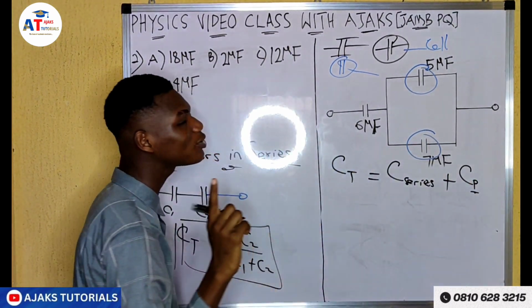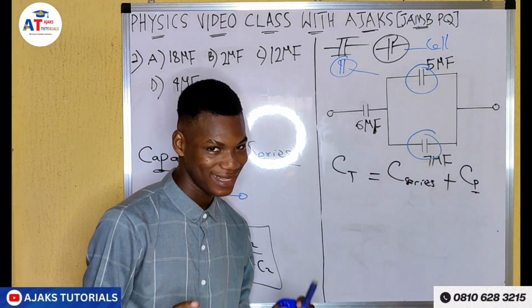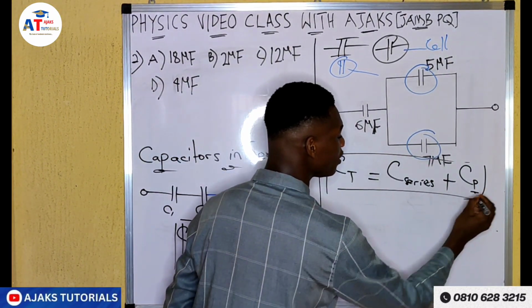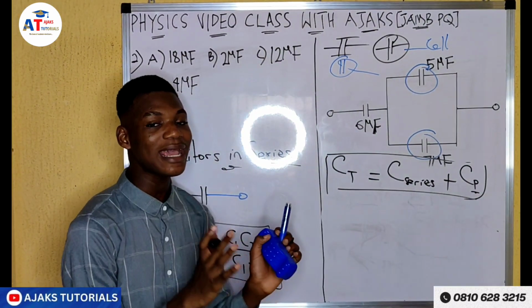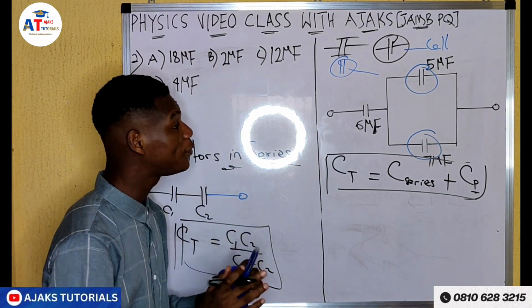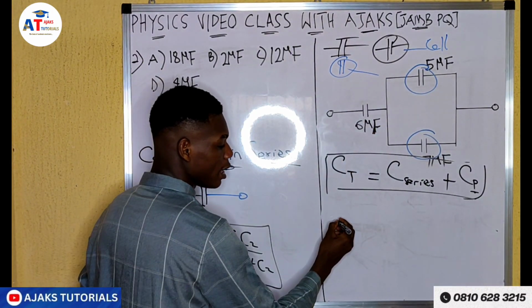But please take note of something very important. This is basically the method of solving combined circuits. You take the series, you add with the parallel. But don't be confused. Look at this carefully.